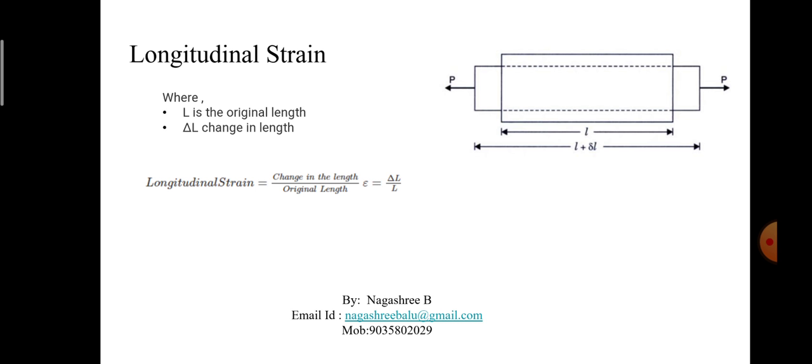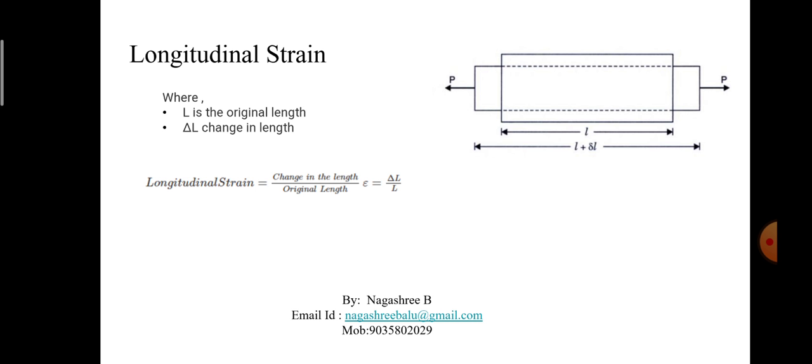Here P is the direction of the load applied, which is along the length. The initial length you can observe here is L, and the final length will increase, that is it changes from L to L plus delta L, since it is a tensile load.